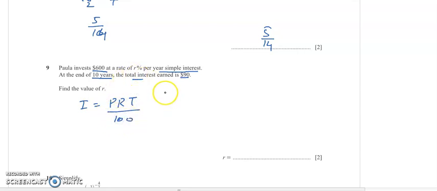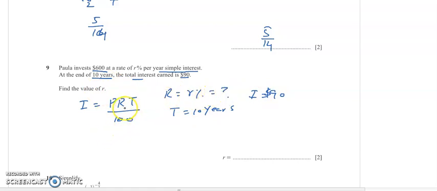In this case, R is given as R%, T time is 10 years, and the interest is $90, and we have to find R, the rate of interest.